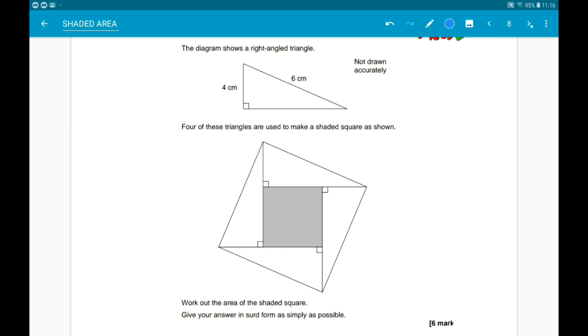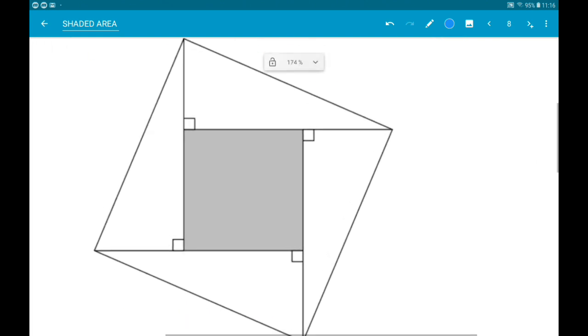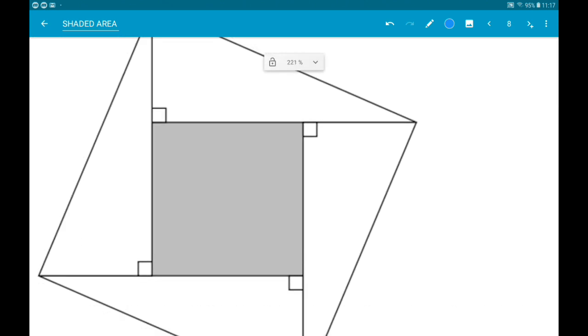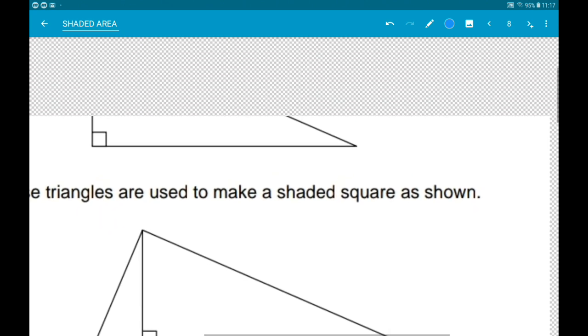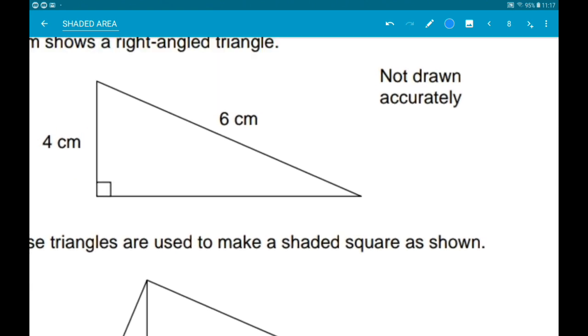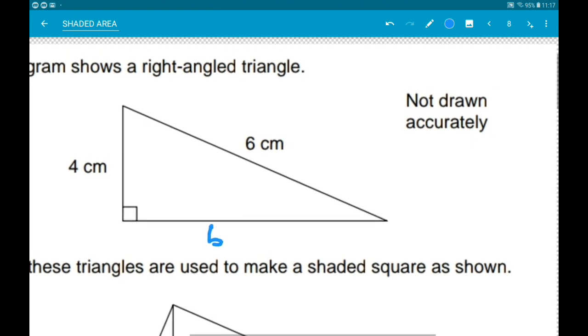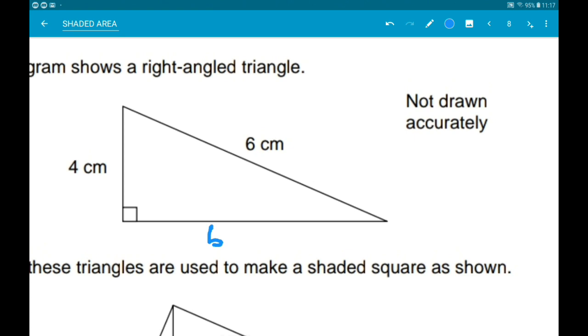Well, pretty bad. So, we need to work out the side length of the square, which we can see is part of the base of these right-angled triangles. Now, at the moment, we don't know the base of these right-angled triangles, so that's the first thing we're going to work out. So, if we call the base B, by Pythagoras, we know 4 squared add B squared is 6 squared.